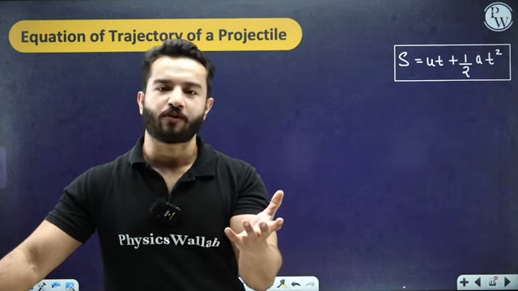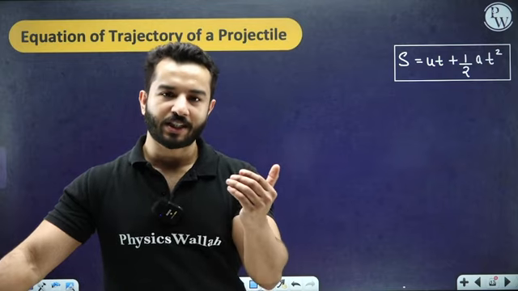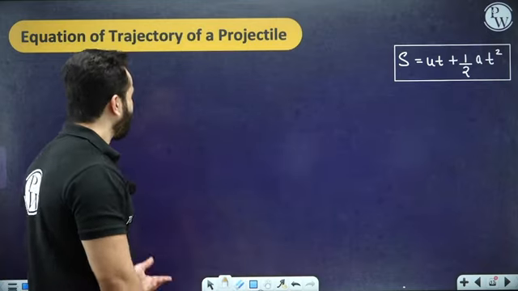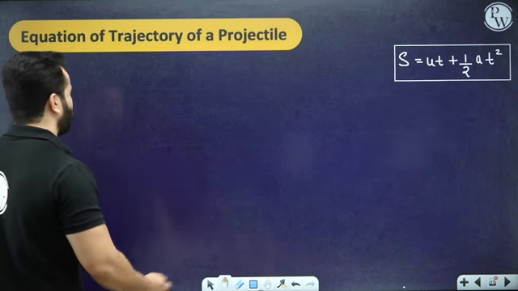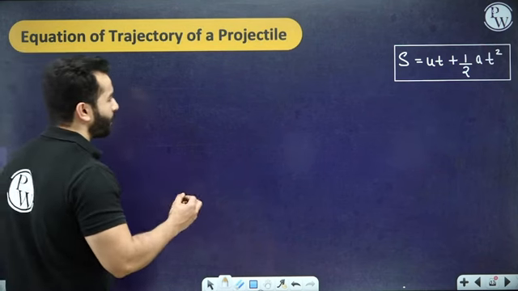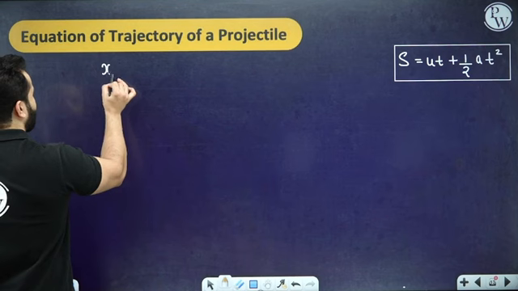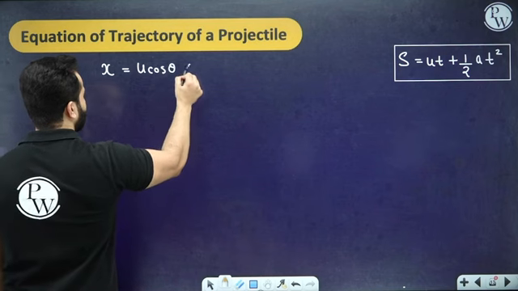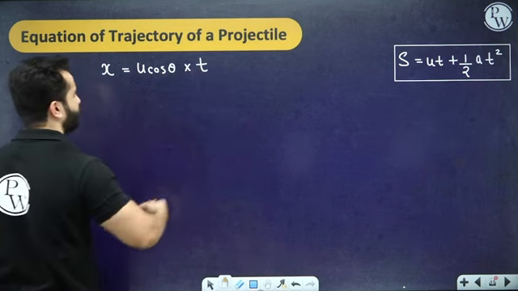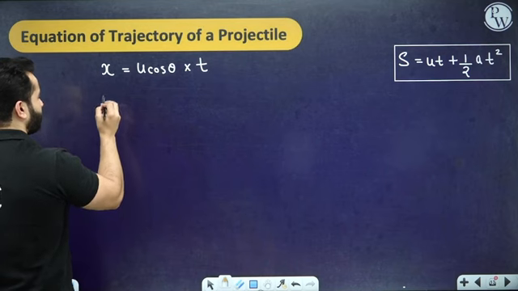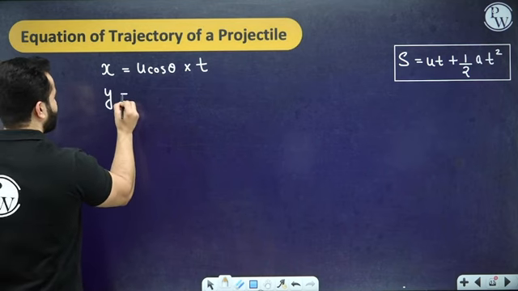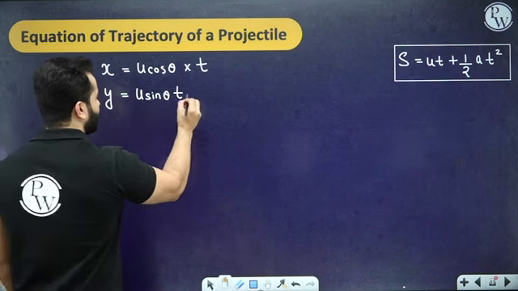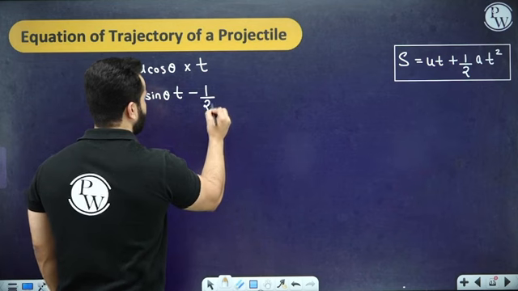That's what the equation of trajectory will do. Equation of trajectory basically means equation of path. Trajectory basically means path. So the thing is quite simple. We know that x can be written as u cos theta times t, where t is any general time. y can be written as u sin theta into t minus half gt square.